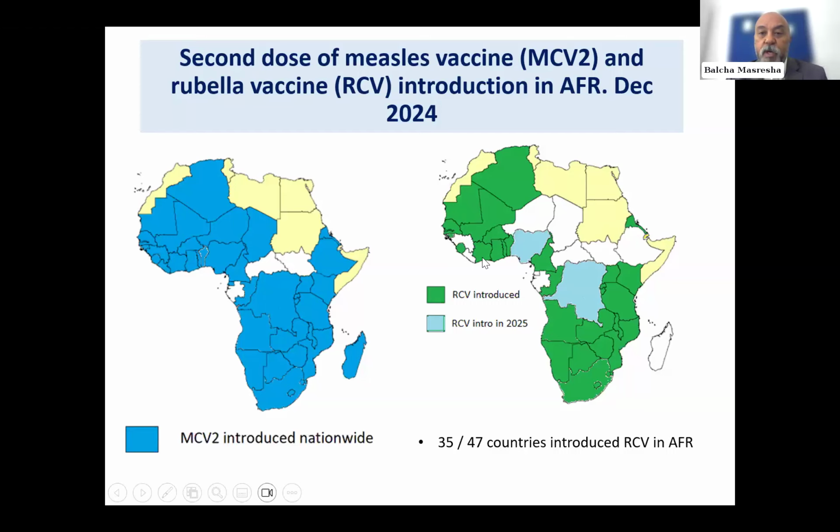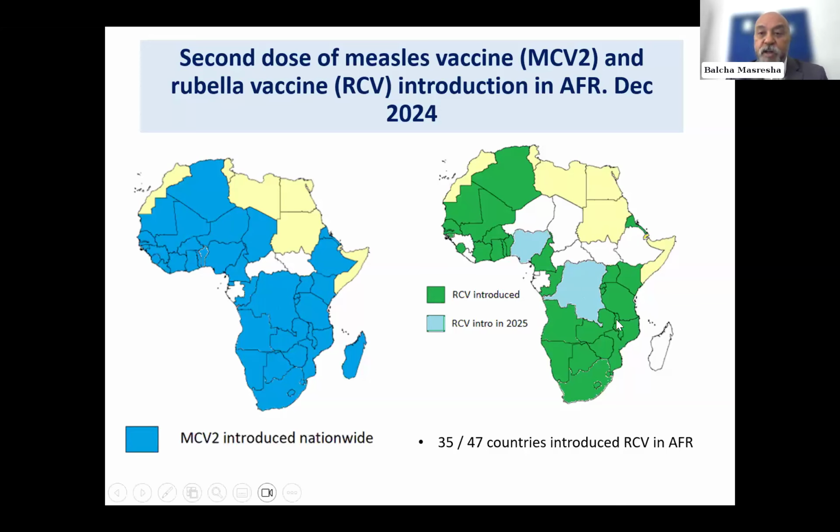The countries that you see in the white colors, Ethiopia, South Sudan, Madagascar, Chad, and Guinea, and so on, have not yet introduced rubella vaccine and do not have any approvals for rubella vaccine introduction or any financing yet.